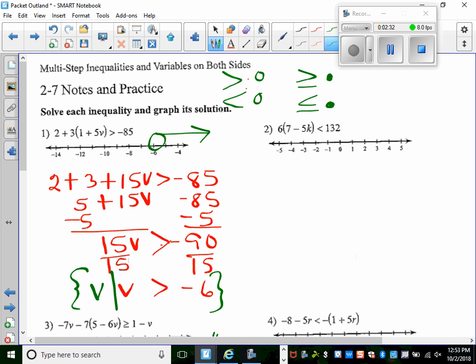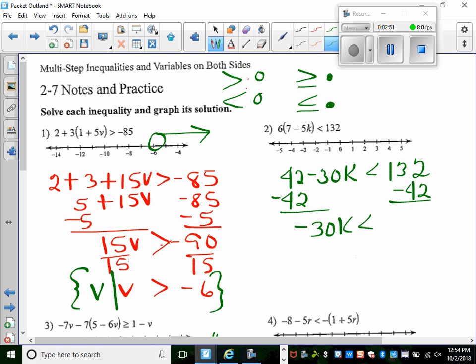All right, let's go ahead and do number 2. I'm going to distribute this and get 42 minus 30k is less than 132. Okay, I'm going to subtract 42 and get 90. Now the coefficient is negative.